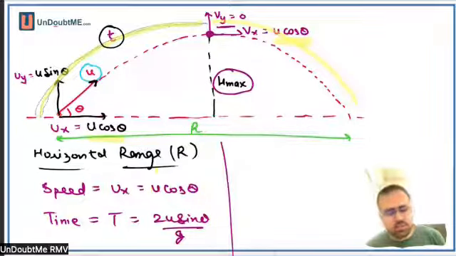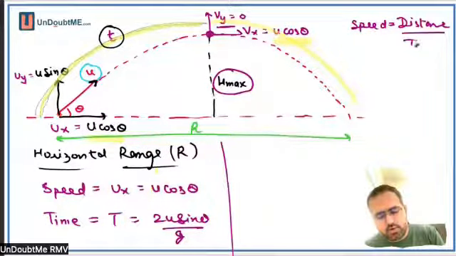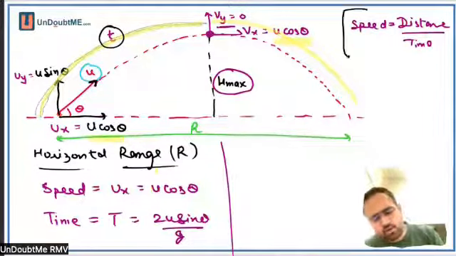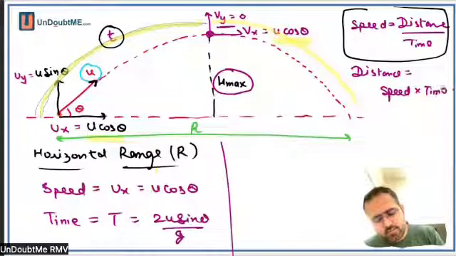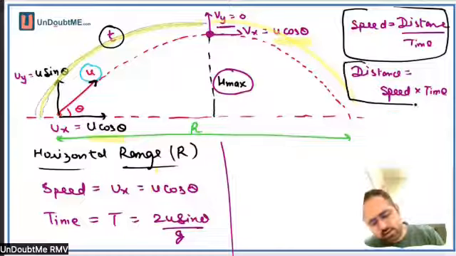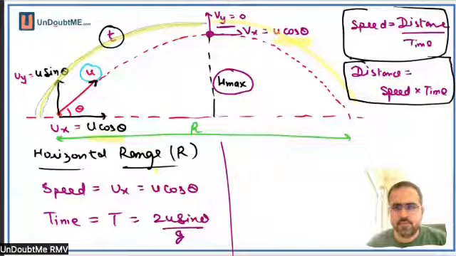Why am I writing these two? Because I know that speed is equal to distance over time. So from here, I can write distance is equal to speed times time. Is that clear? Yes.